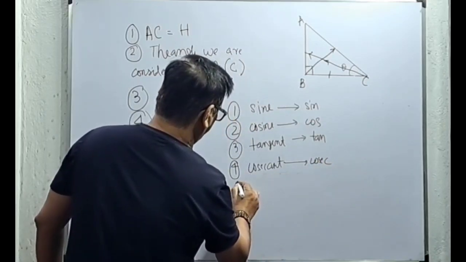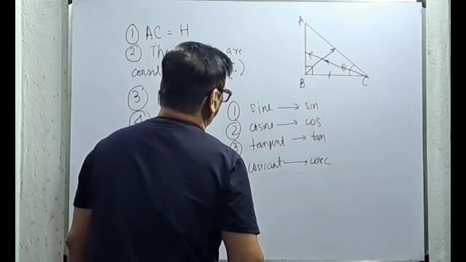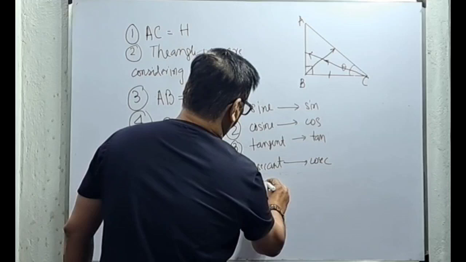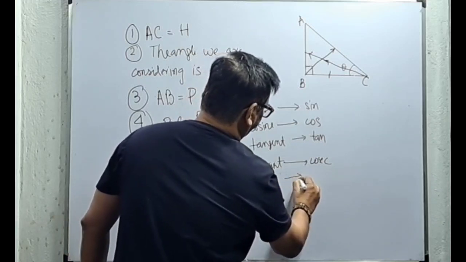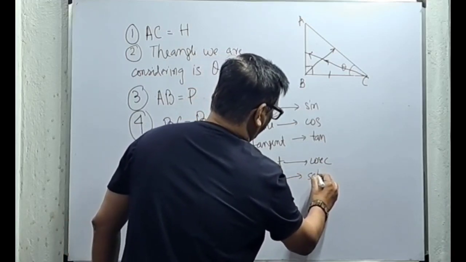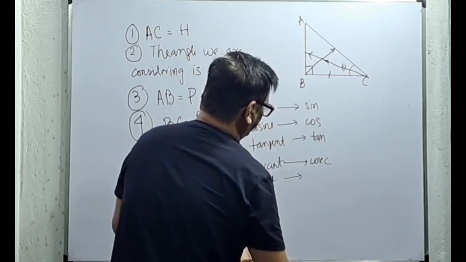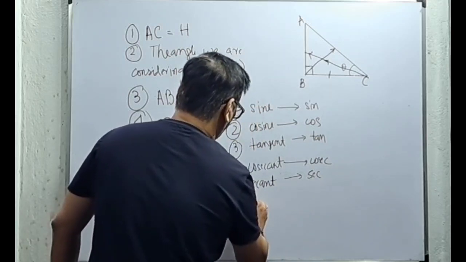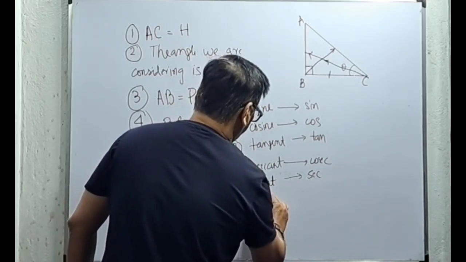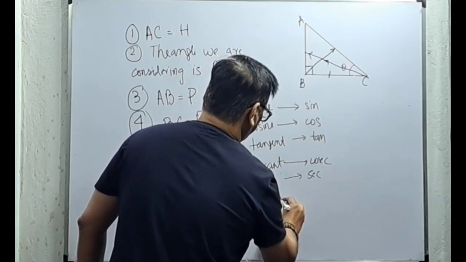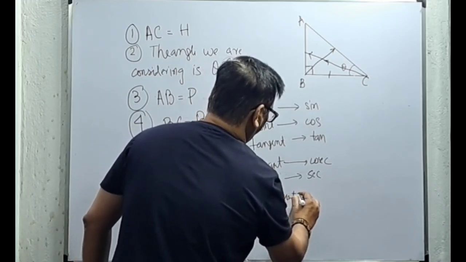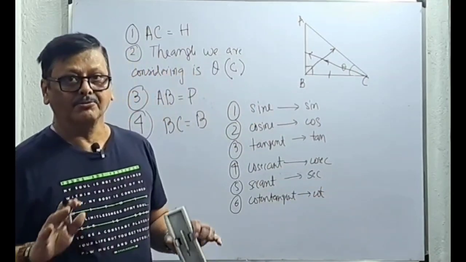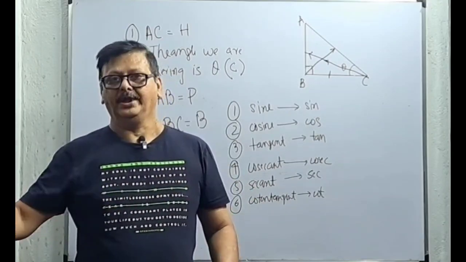And number 5, secant, we call it sec. And number 6, cotangent, we call it cot.